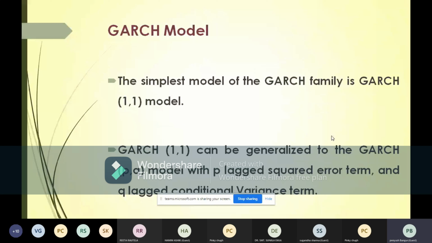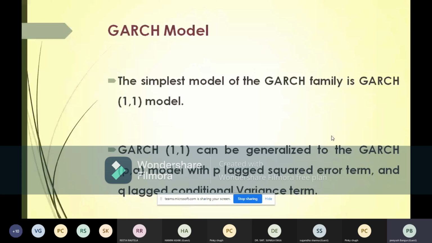Even if you apply the GARCH(1,1) model, you can comfortably get your research approved. Even in GARCH(1,1), you can use a dummy variable. There is no issue. It is the simplest model.